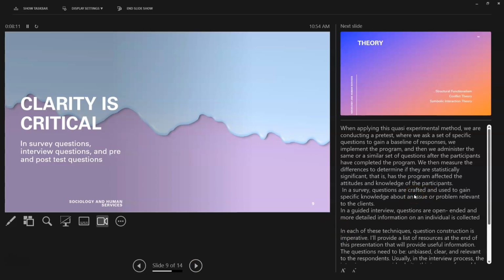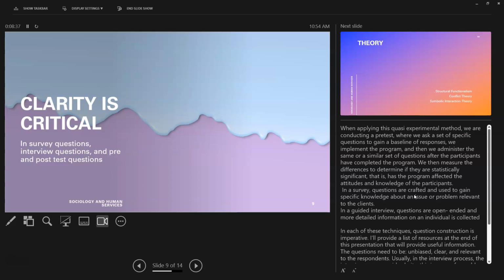When applying this quasi-experimental method, we are conducting a pretest where we ask a set of specific questions to gain a baseline of responses. We implement the program, and then we administer the same or similar set of questions after the participants have completed the program. We then measure the differences to determine if they are statistically significant.